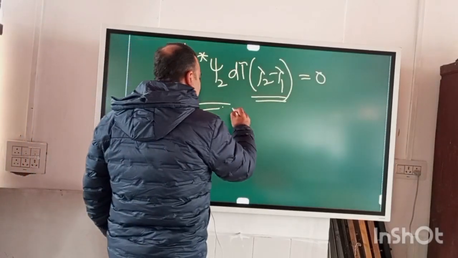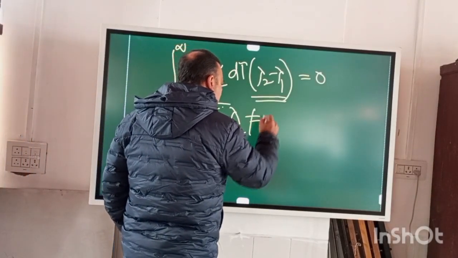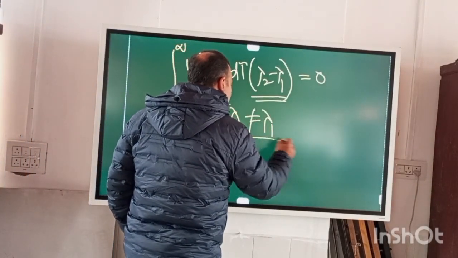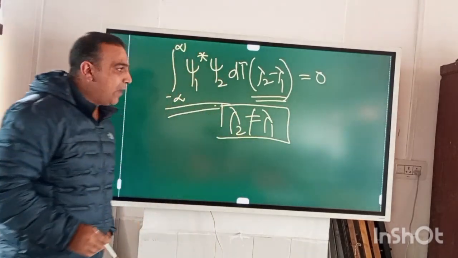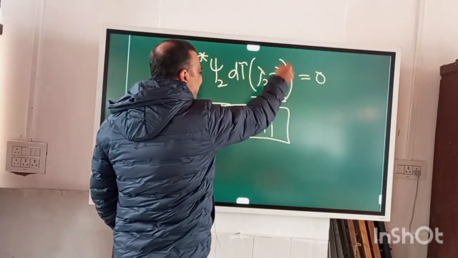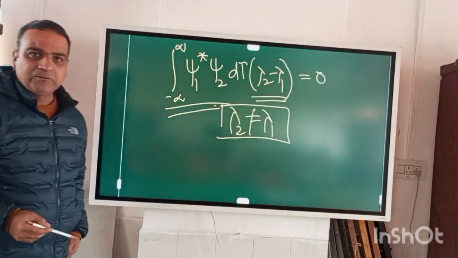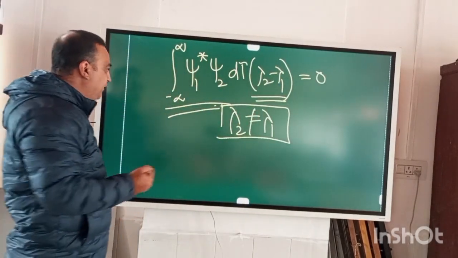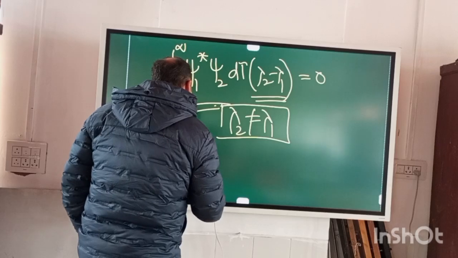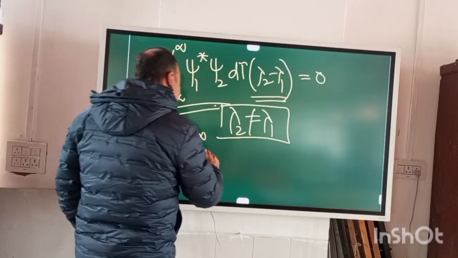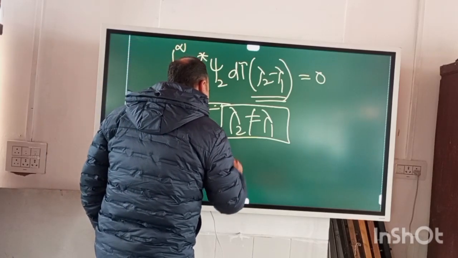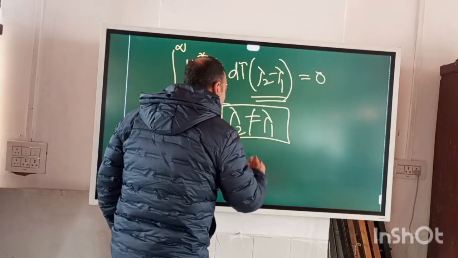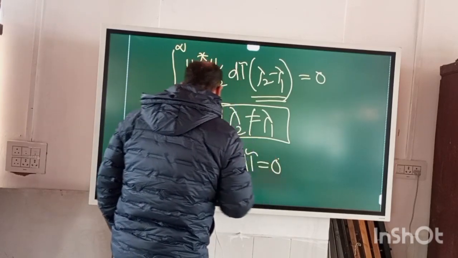Now, what we understand is that this lambda 2 is not equal to lambda 1. So if lambda 2 is not equal to lambda 1, this bracketed term has a non-zero value. And if this bracketed value has a non-zero value, then we can automatically say that integral from minus infinity to infinity psi 1 star psi 2 d tau is equal to 0.